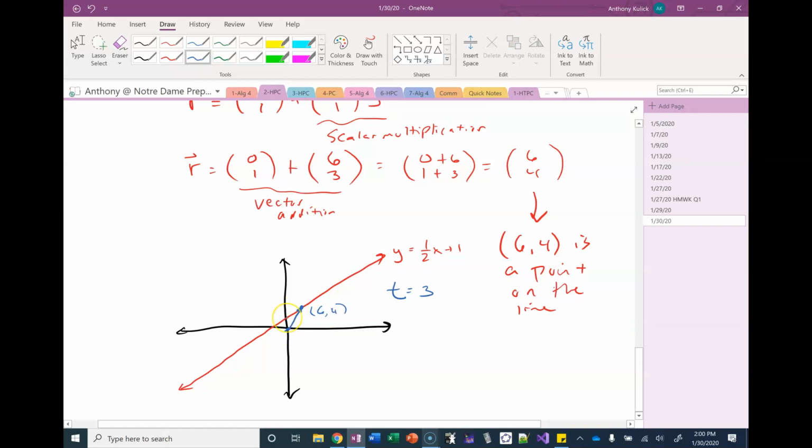Any vector we find using this vector equation, the terminal point is going to lie on this line. And because t can be positive or negative, we can get all the points wherever they're at, right? Maybe we'll write r with the subscript t equals 3 on it. So let's do another example. Sound good?